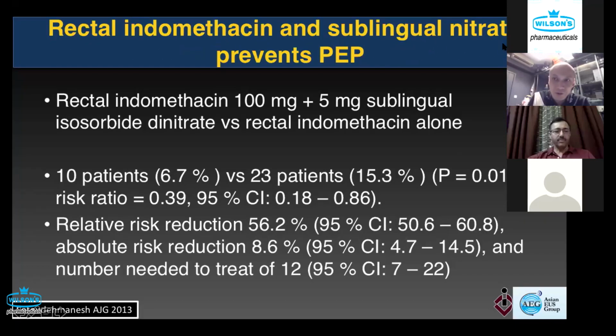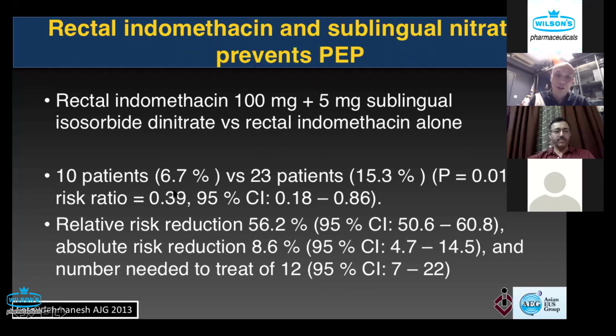Another study also looked at other drugs other than rectal indomethacin. This study looked at sublingual nitrates in addition to rectal indomethacin: 5 milligrams of sublingual isosorbide dinitrate versus rectal indomethacin alone.